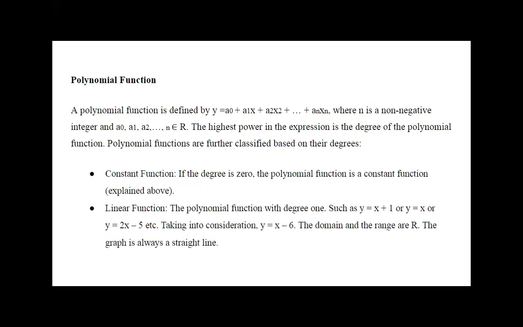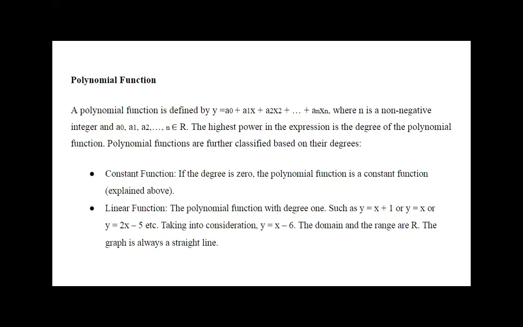Then polynomial functions are there. Polynomial means what? Polynomials are in the form of y is equal to a0 plus a1x plus a2x2 plus up to anxn, like that. In that, a0, a1, a2 are constants, and those will be real numbers.